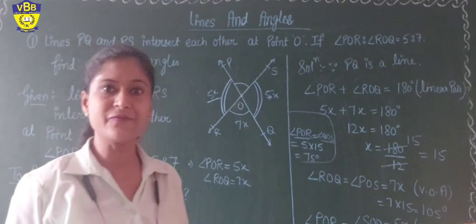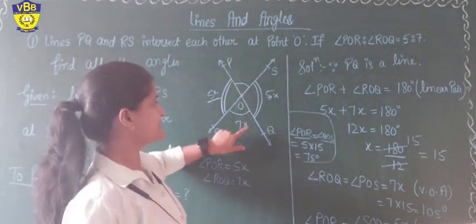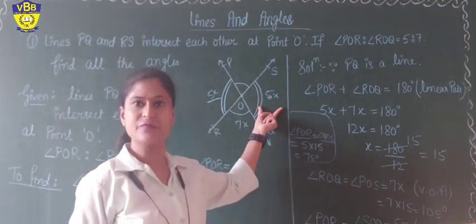So you can easily find the values: these two angles are 105 degrees and these two angles are 75 degrees.